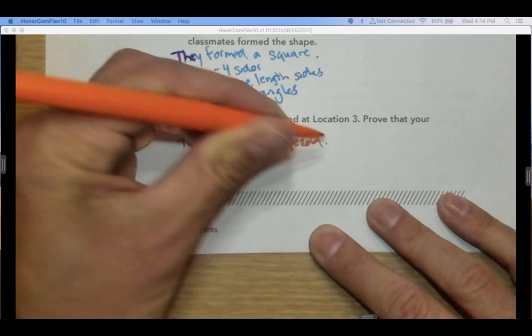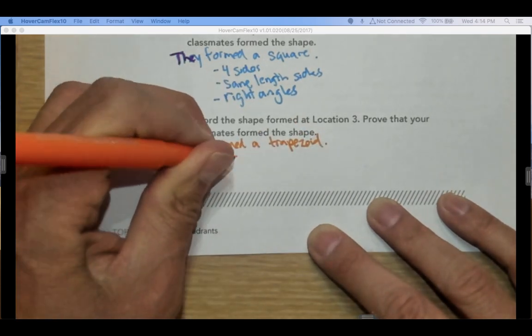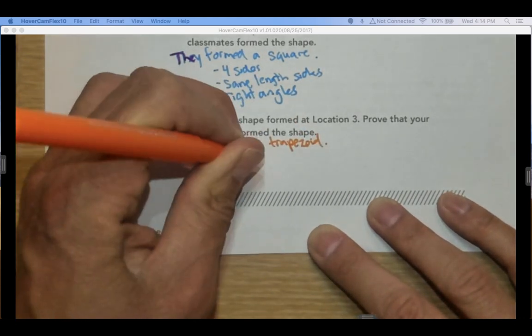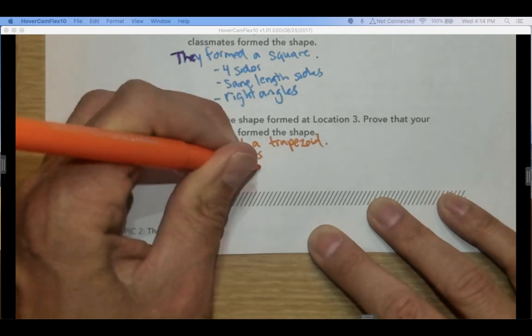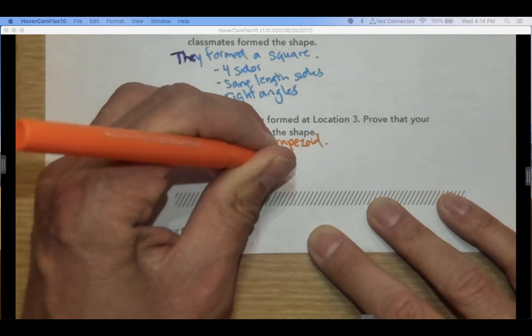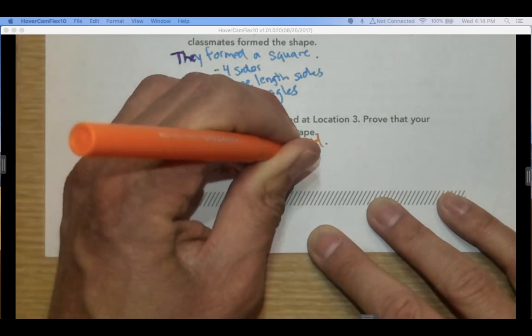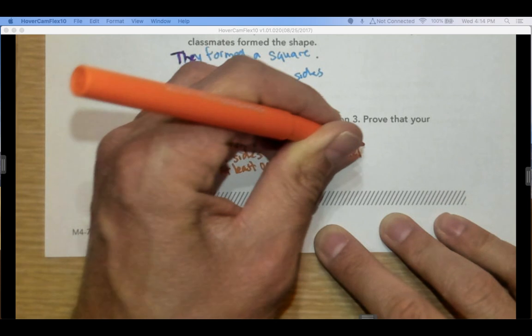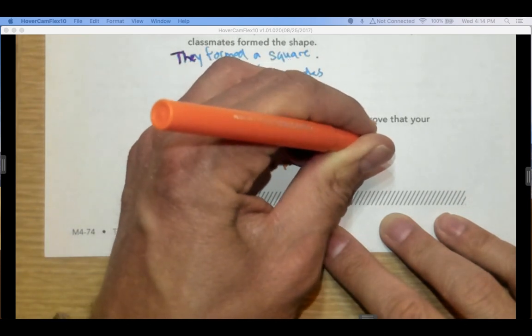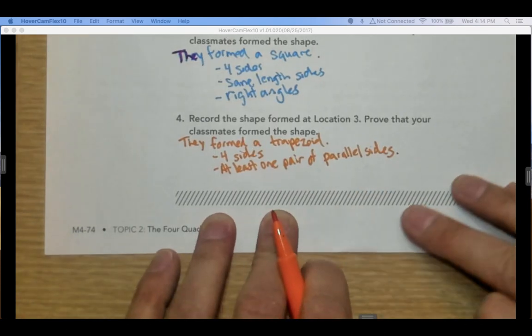Okay. 4 sides, at least 1 pair of parallel sides. And that kind of does it there.